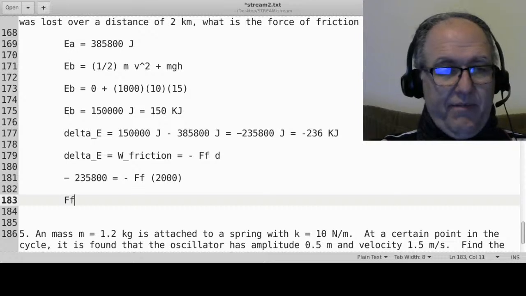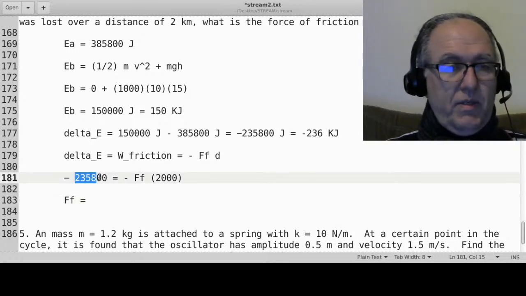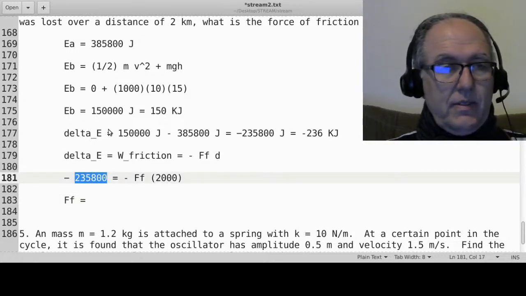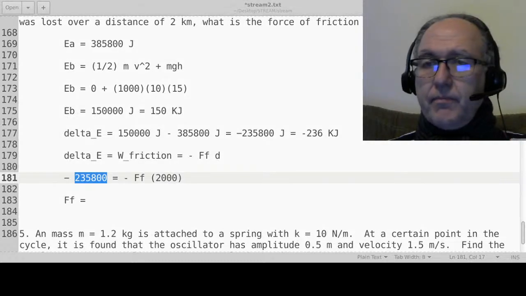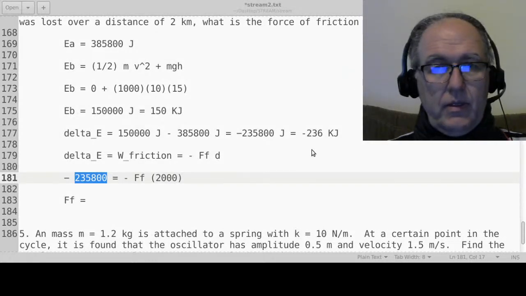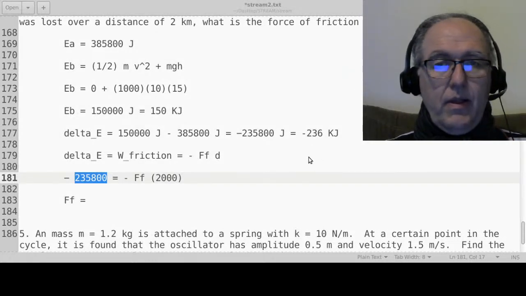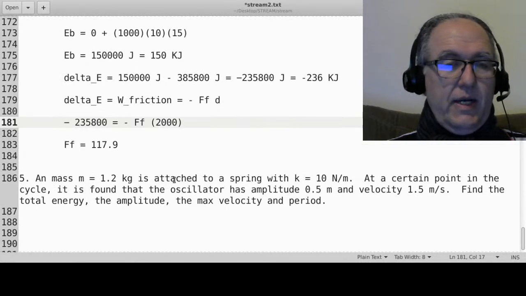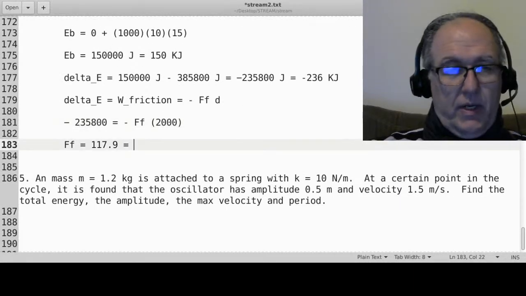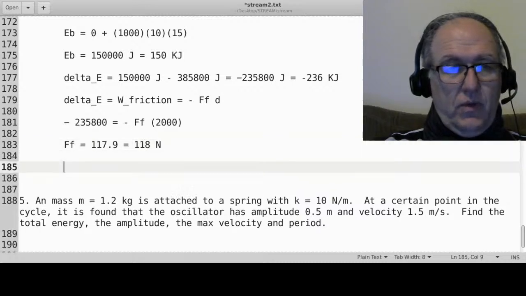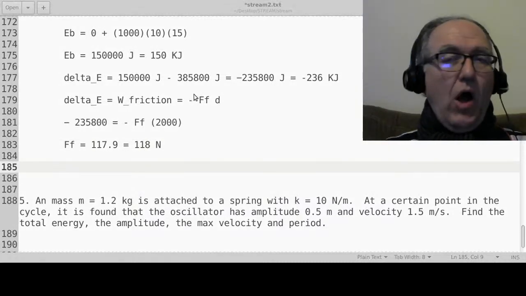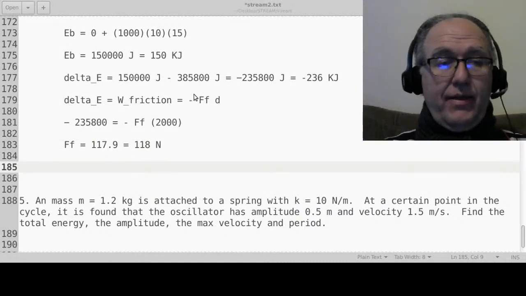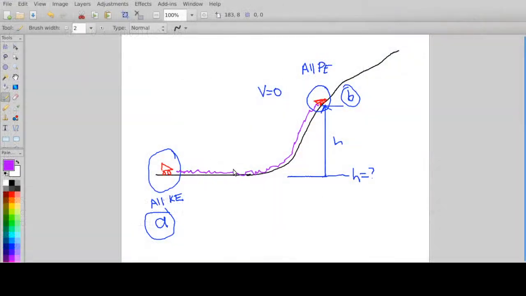And you will get that FF is equal to, let me do it on the calculator, it's like 100 something. There you go. It's 117. I would do on a test 118 newtons. So what that means is that all along this purple path, on average, there was a force of friction of 118 newtons.